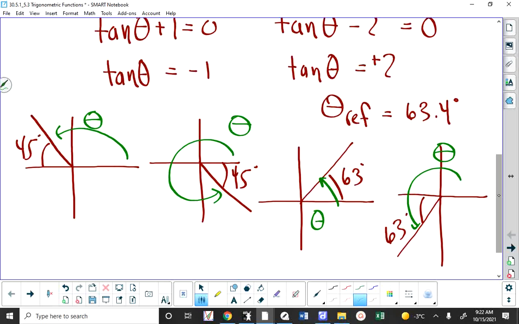This would be 360 minus 45. This one's just 63. This one would be 180 plus 63. Is that okay, Jason? Okay.